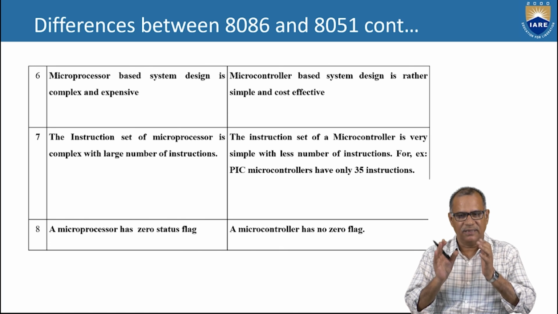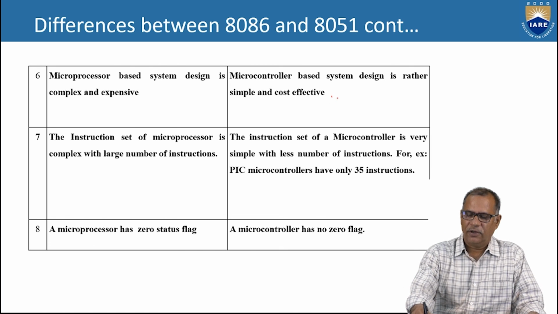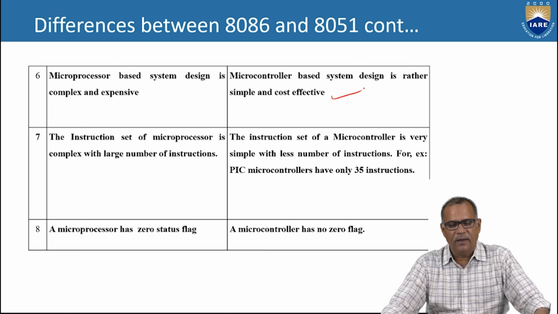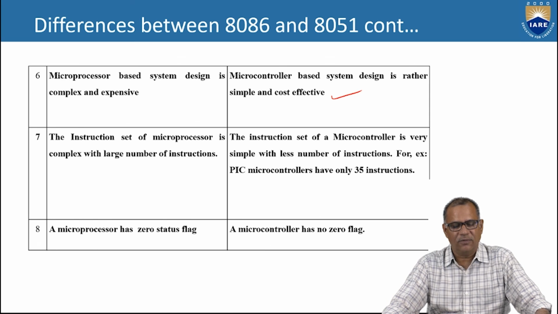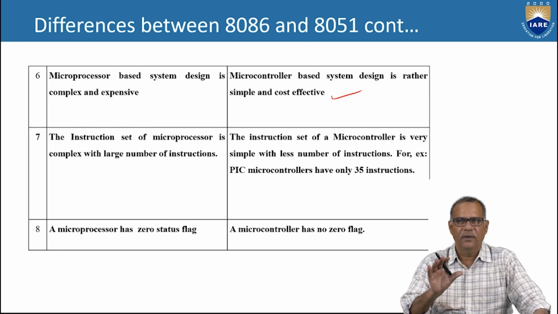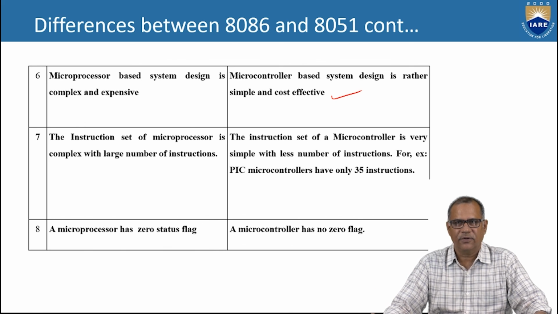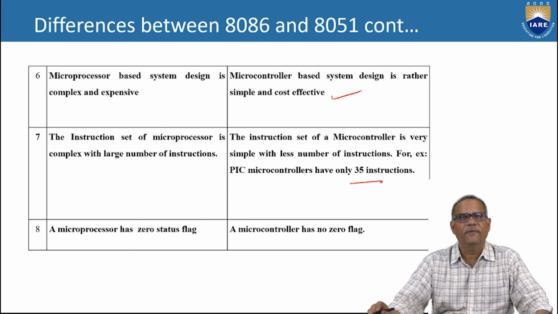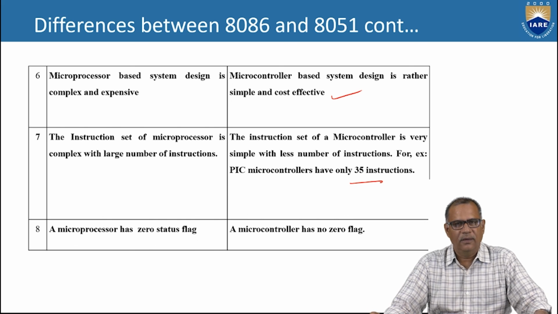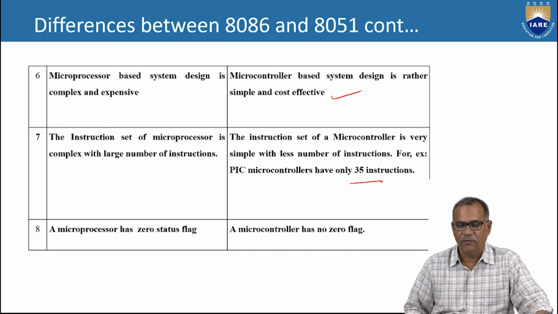The cost is less in microcontroller-based systems. And the instruction set of a microprocessor is complex with a large number of instructions, whereas in the case of a microcontroller, the instruction set is very simple with fewer instructions. For example, the PIC microcontrollers have only 35 instructions. And the microprocessor has a zero status flag, and the microcontroller has no zero flag.